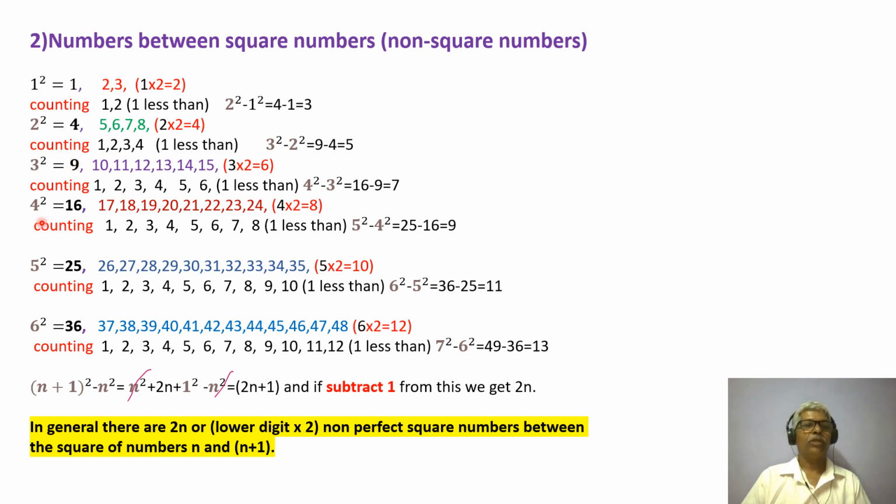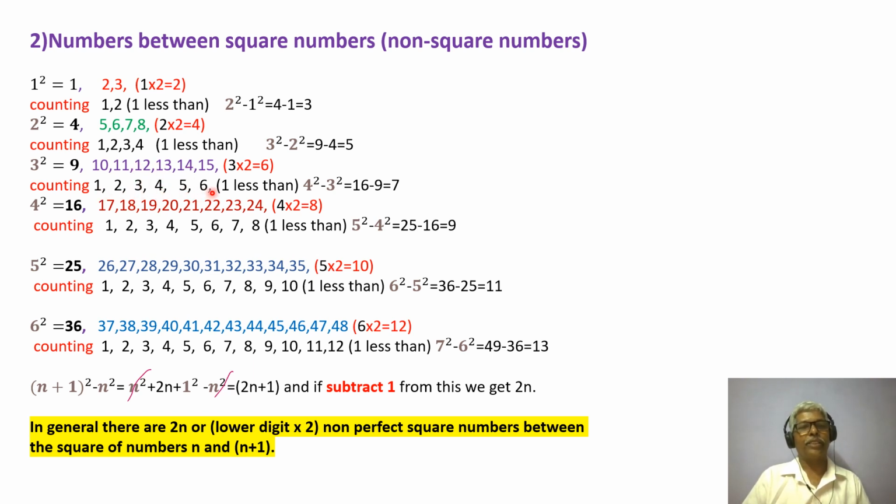We will see another one. 3 square is 9 and 4 square is 16. So how many numbers are lying in between these two? These are the numbers 10, 11, 12, 13, 14, 15. So 3 into 2, there should be 6 numbers. I am counting 1, 2, 3, 4, 5, 6. There are 6 numbers.